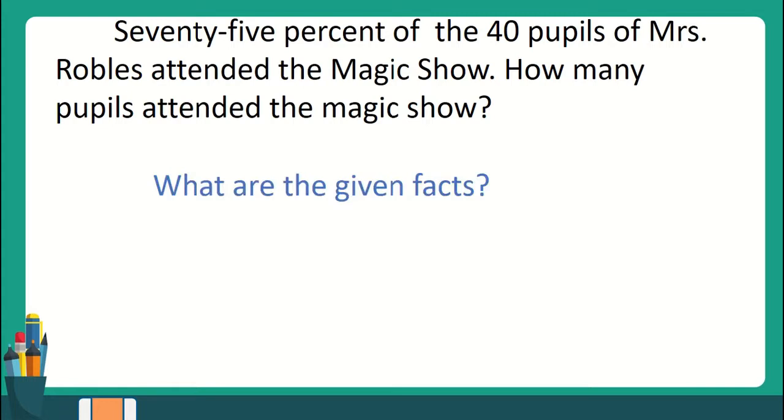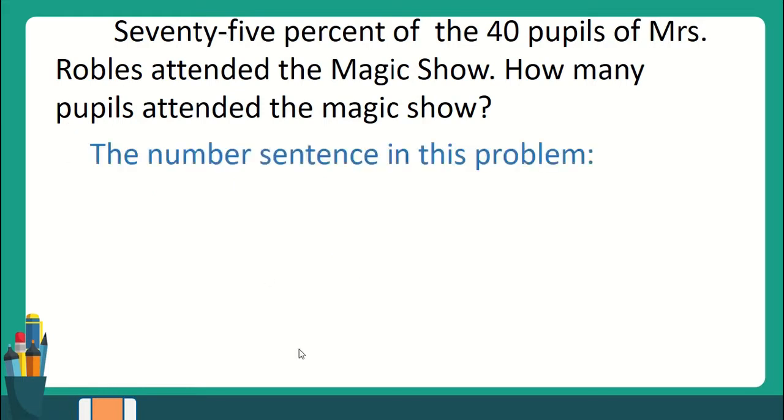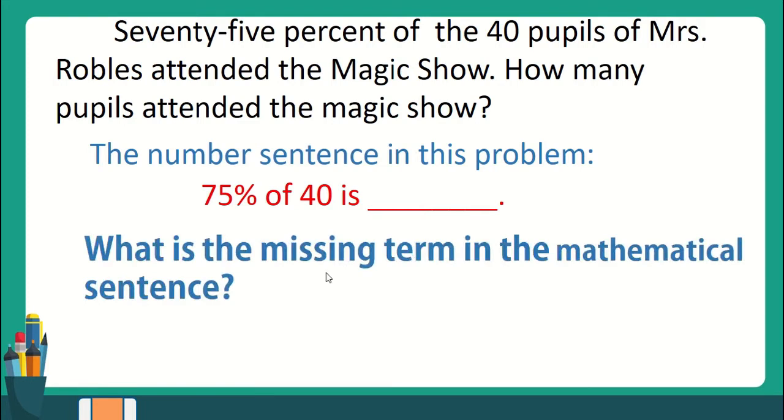What are the given facts? 75% and 40 pupils. So here they are. The number sentence in this problem: 75% of 40 is blank. What is the missing term or element in the mathematical sentence?